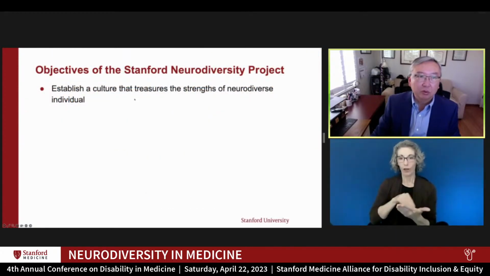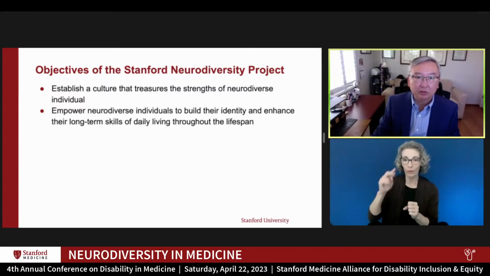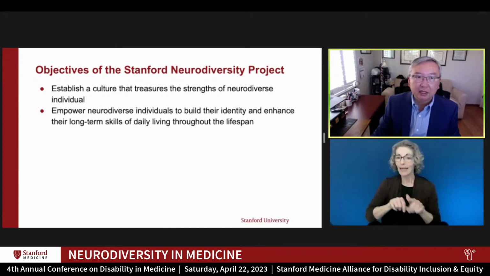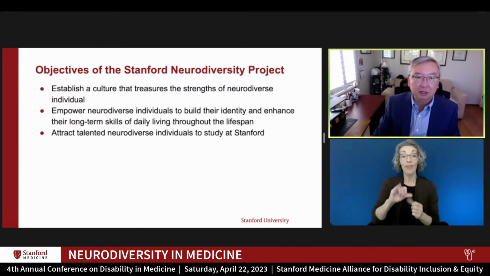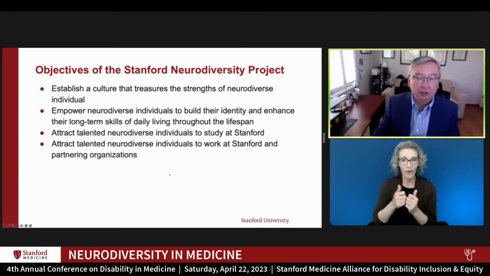And all of our programs within the project establish a culture that treasures the strengths of neurodiverse individuals, so as to empower neurodiverse individuals to build their identity based on their strengths, and that can enhance their daily living skills. We want to attract talented neurodiverse individuals to come to Stanford to study and work, and also to come to the partnering organizations that share our philosophy.